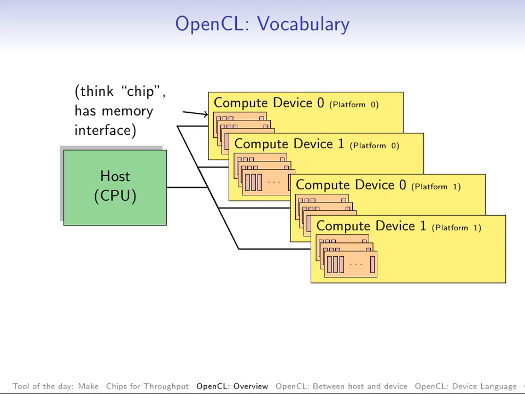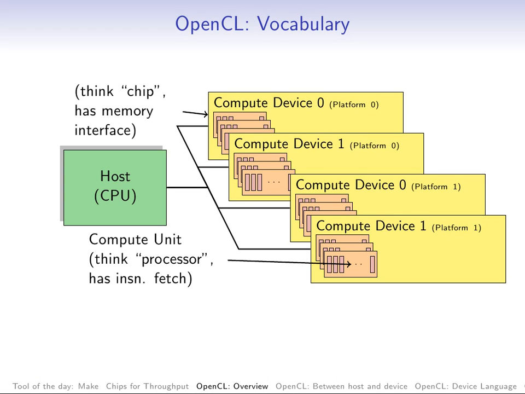Right. Just to give you an idea, one of these compute devices is like a chip, something that has a memory interface because memory is attached to it. These are always somehow subdivided into cores, and each core has a bunch of vector lanes. So we can duplicate cores, and then we partition further into vector lanes.